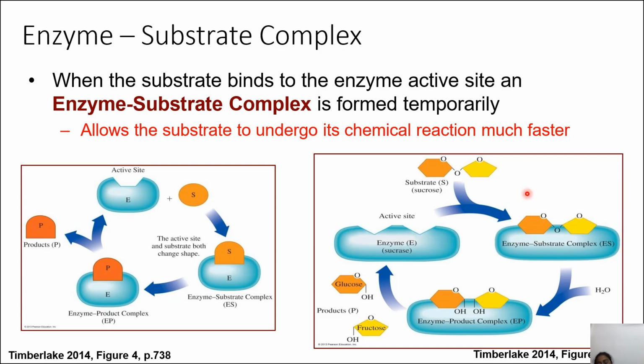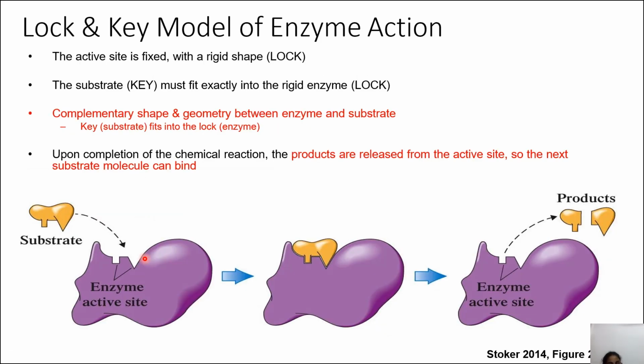This basically talks about the lock and key model. This one is more similar to the induced fit model. In the lock and key model of enzyme action, the active site is fixed, as you see over here, with a rigid shape like a lock. The substrate key must fit exactly into the rigid enzyme lock.